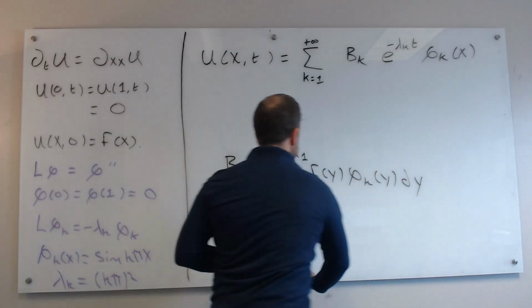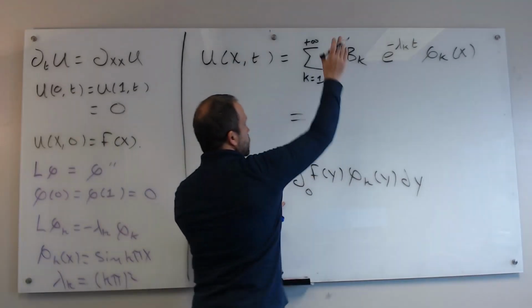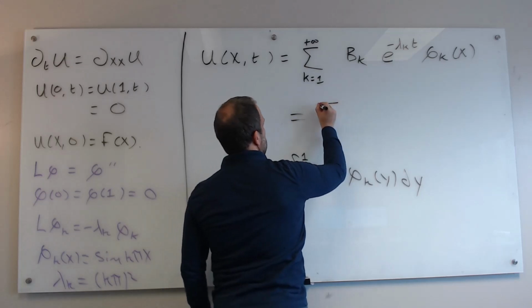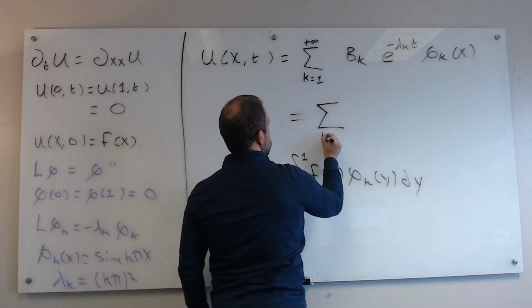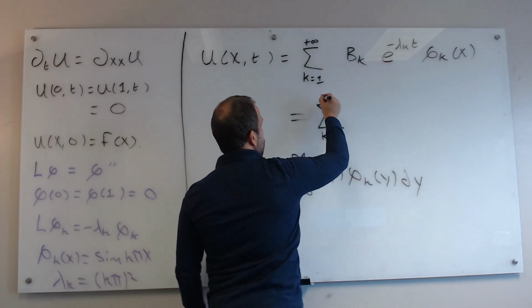What we can do is just take this integral and copy and paste it in there. This is one of the reasons that I wanted to write it with y variables instead of x variables.